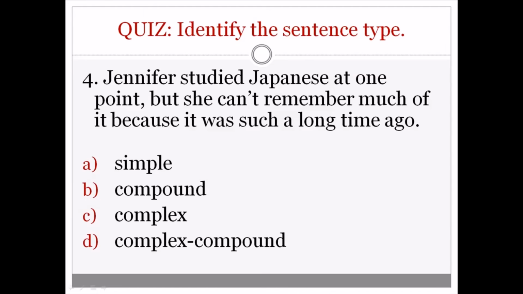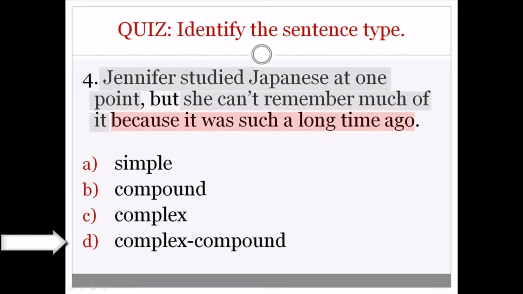Jennifer studied Japanese at one point, but she can't remember much of it because it was such a long time ago. What kind of sentence is this? Do you know? This is a complex compound sentence. We have two independent clauses and one dependent clause. A coordinating conjunction joins the independent clauses, and a subordinating conjunction appears in our dependent clause.